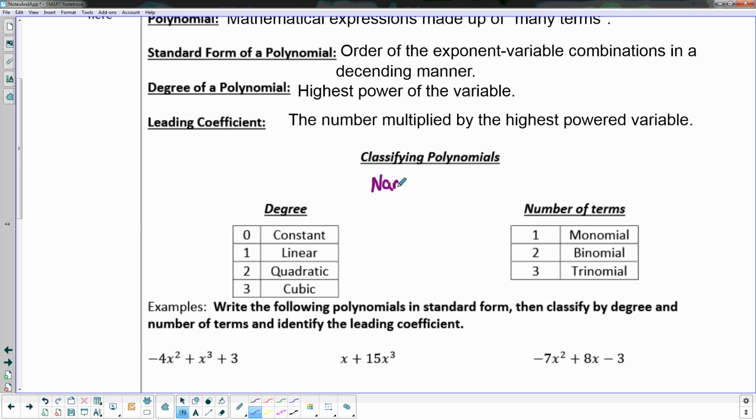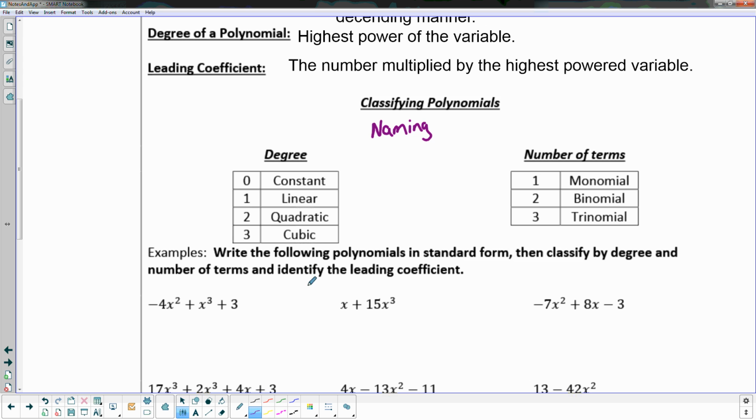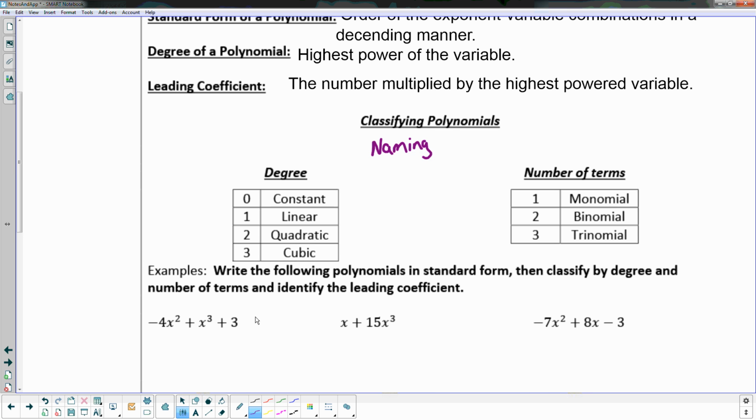So you could say that this is the same as naming polynomials, because it's a nice thing to be able to have a common language with somebody when you're talking about the same thing, to be able to say it in the right way. And these different things come into play when you're talking about how to name a polynomial, and realistically it can tell you the most information about it.